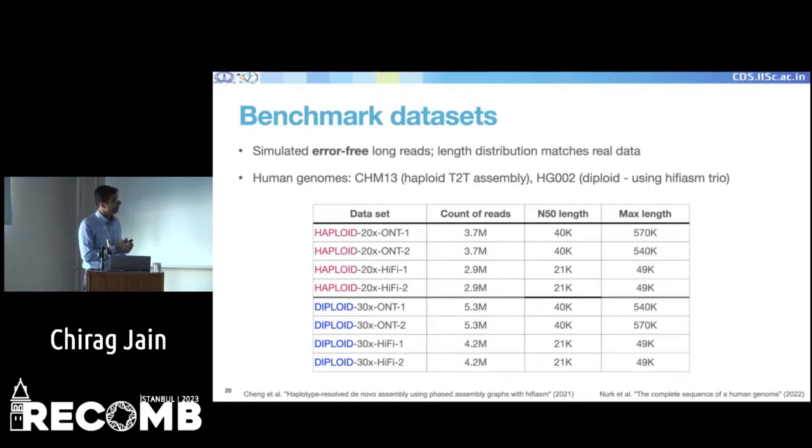We are using two target genomes: one is the haploid CHM13 genome, and the second is the HG002 diploid genome. The reason for using simulated data is that, because we know the ground truth target genomes, we can also evaluate where the coverage gaps occur by removing contained reads.